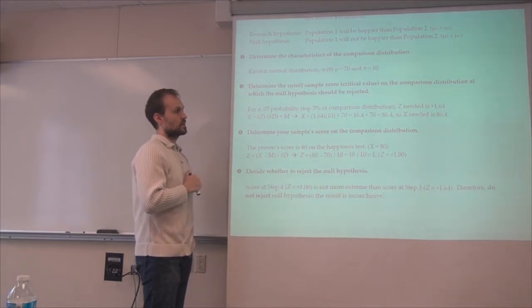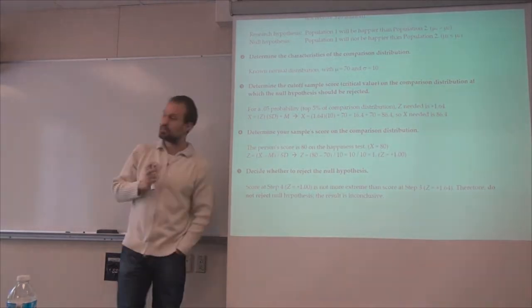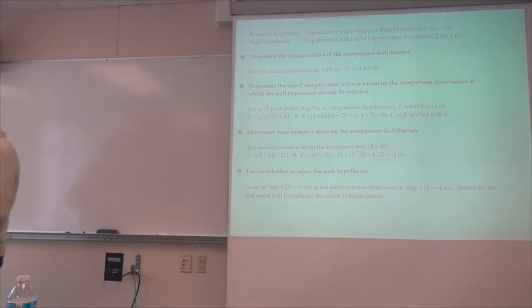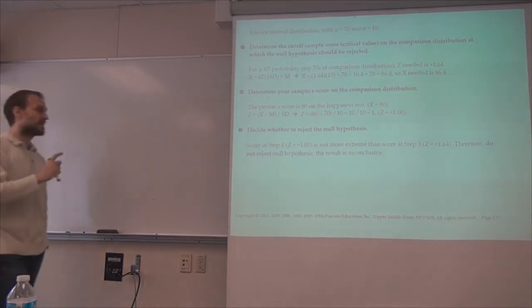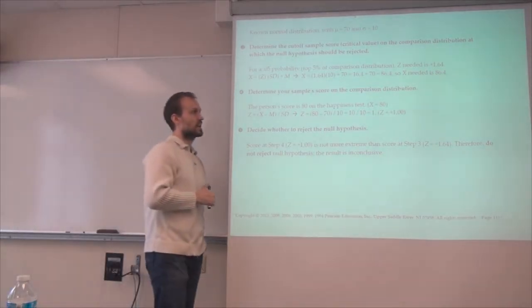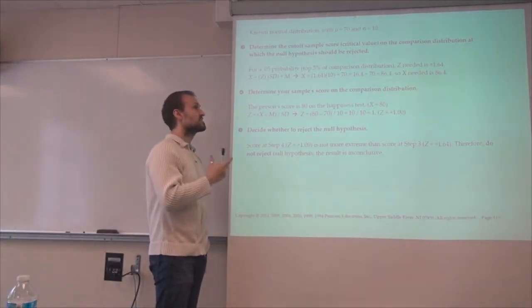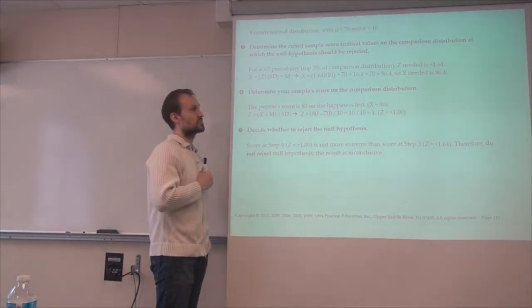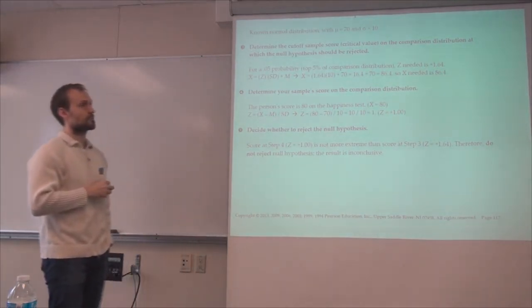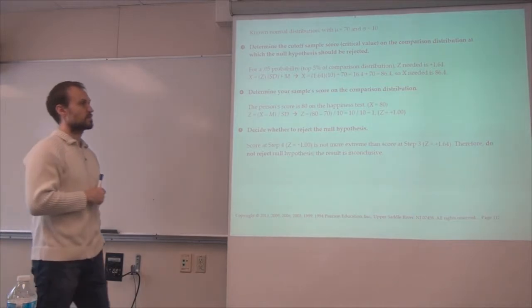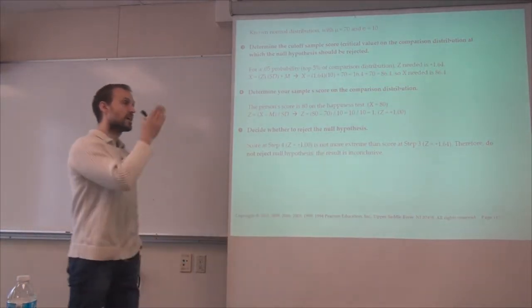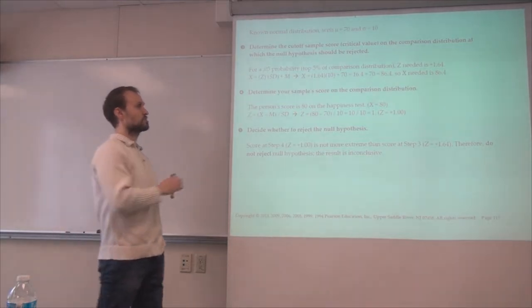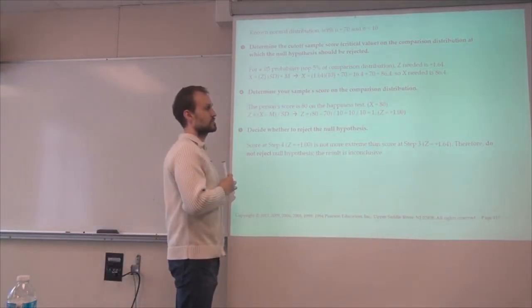Can I say that definitely suggests that people are happier? This person is happier, but because it's not that much more than the average, I can't say there is strong evidence to suggest that people in general are happier with the $10 million. It's not more extreme than the cutoff value. So we do not reject the null hypothesis.